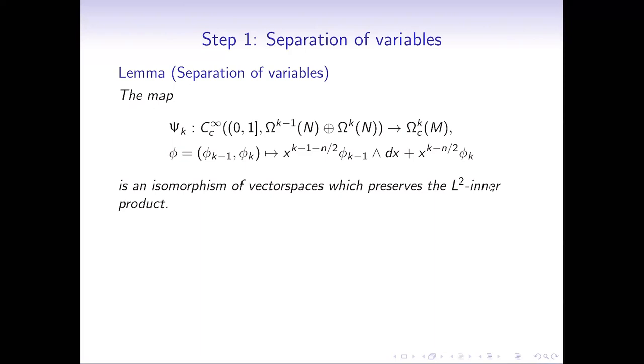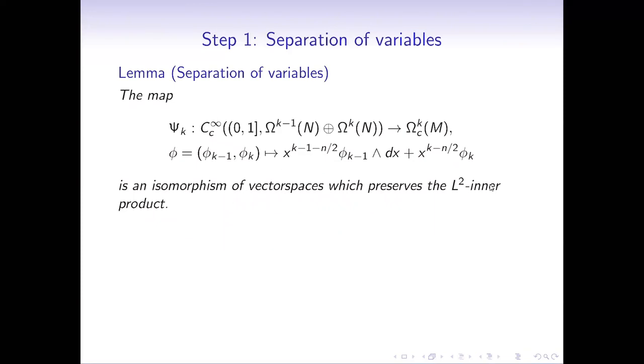Yes, because you essentially have a copy of N at every height. That's right. So you can prove that this is a bijection, and then if you check the L2 norms on both sides, these factors here make it an isomorphism of L2 spaces.